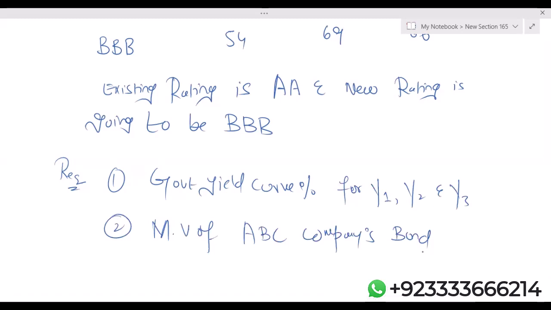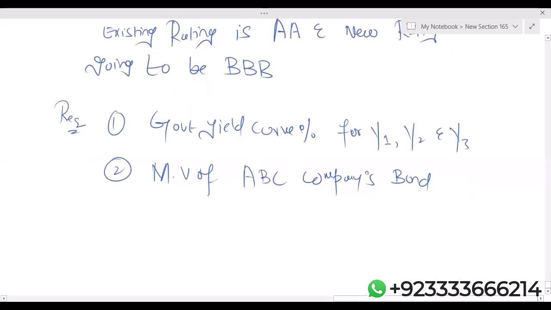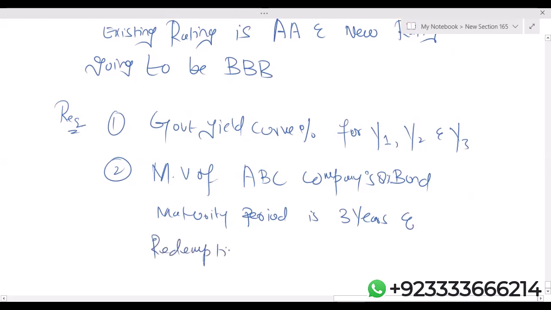The ABC company bond is an 8% bond. Maturity period is 3 years, and redemption is at 2% premium.